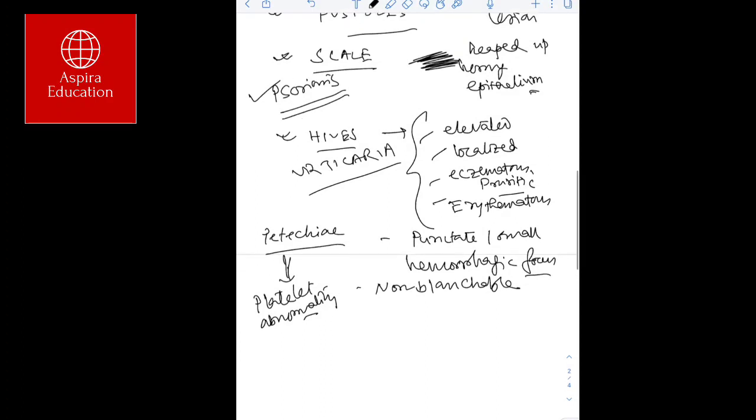However, technically, there is a bigger sister of petechiae. If the size of petechial lesion is larger, then we term this purpura. Purpura is also a focal area of hemorrhage present in the skin, but it is larger than petechiae.